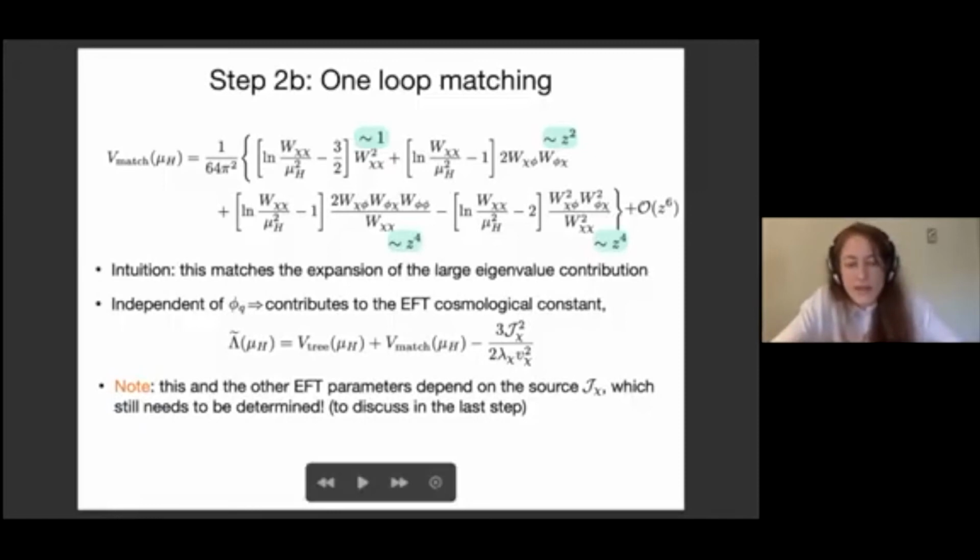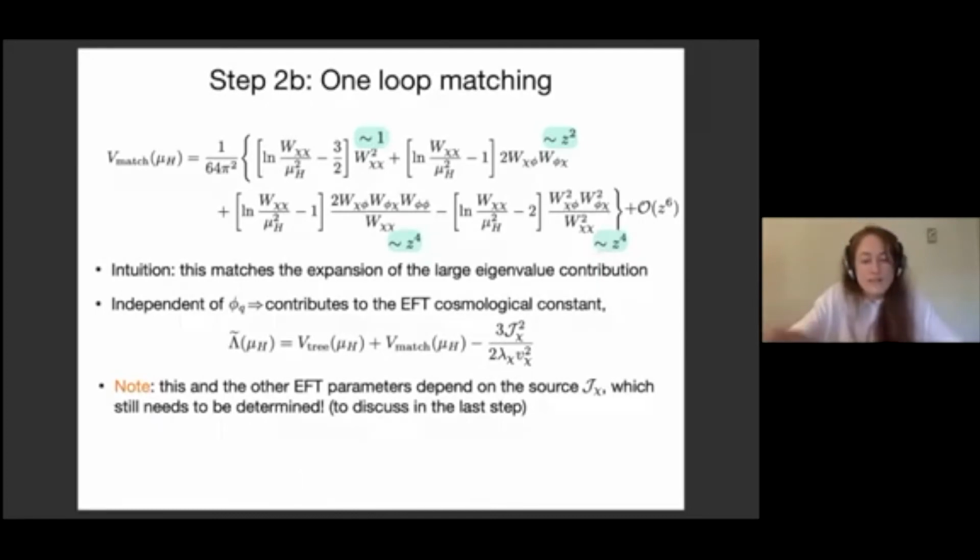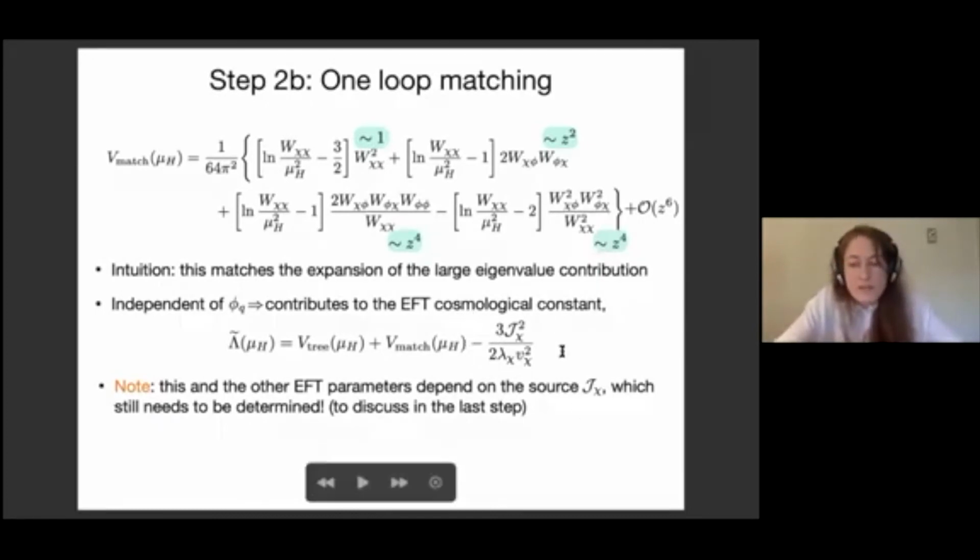The last thing I want to note is that this EFT cosmological constant, as well as the other EFT parameters, still explicitly depend on these sources, curly j chi and curly j chi, and these sources still need to be determined. I'm going to wait to determine them until the last step.